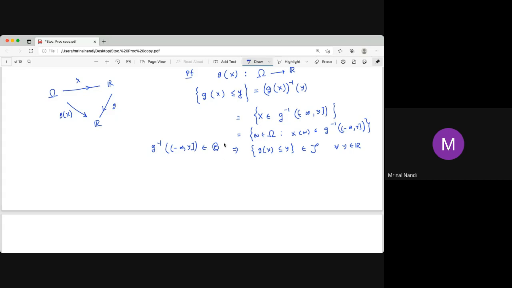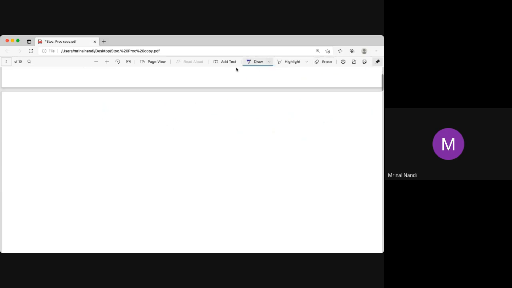So it's easy. Now there is one more important theorem. The converse is this.